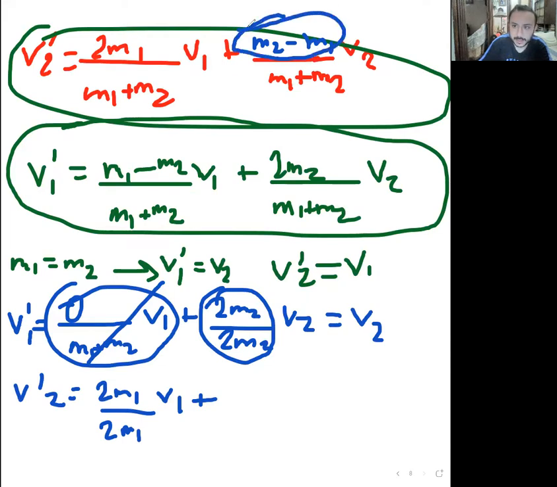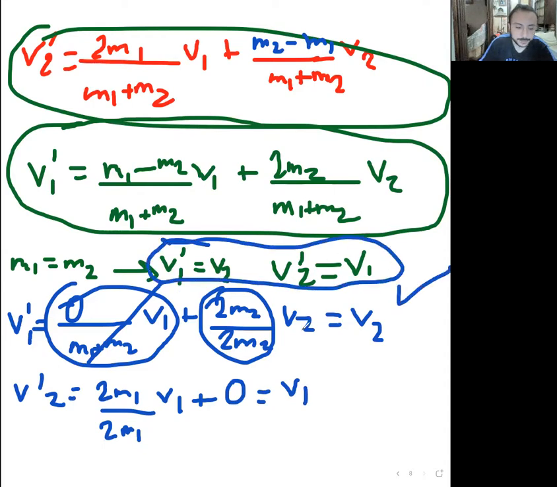Correct it. So m2 minus m1 is 0, so again the first term is 0. Here we get 2m1 over 2m1, which is 1, so it will be v1. So v prime 2 equals v1, and v prime 1 equals v2. As we said, it's correct. So this is a special case if they have the same mass.